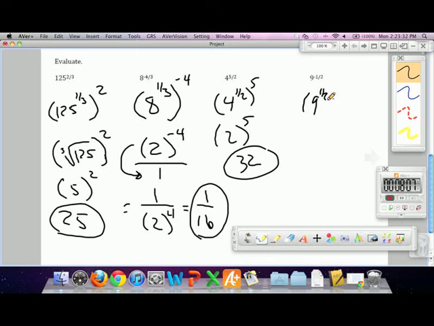With 9 to the 1/2 power, the square root of 9 is 3, to the negative 1st power. And if I have a negative exponent, I'll flip it to the positive, and 1 over 3 to the 1st is 1/3.